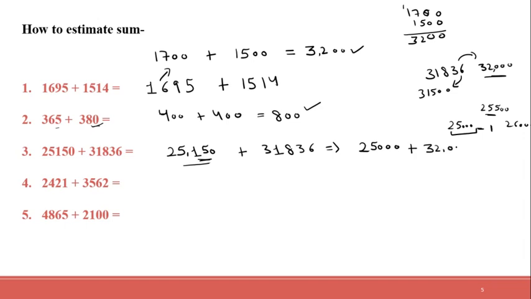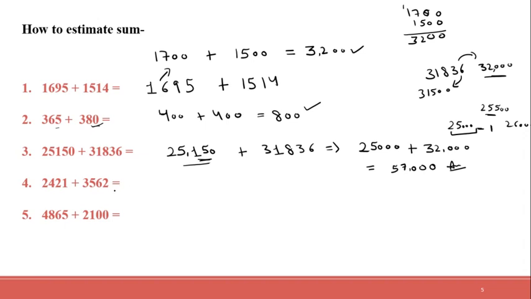So we will round it off to 32,000, right? Now add this. How will you add this? 0 plus 0, 0, 0 plus 0, 0 again, 0 plus 0, 0 again, then 2 plus 5, 7, and then 3 plus 2, 5. So this is the answer, right? Now move to the next one.